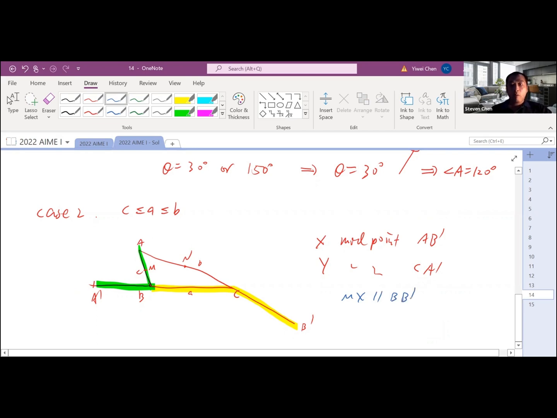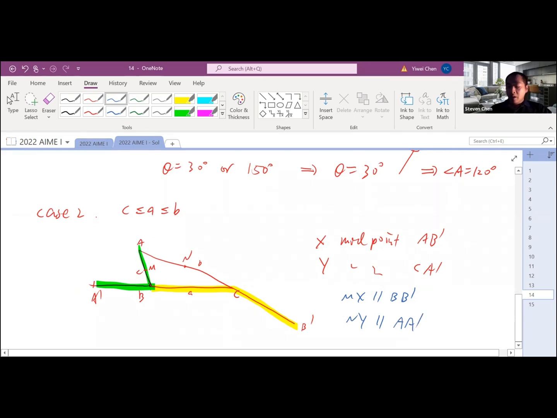Analogously, for the splitting line in Y, because N is the midpoint of AC and Y is the midpoint of A prime C, that tells us that NY should be parallel to AA prime.